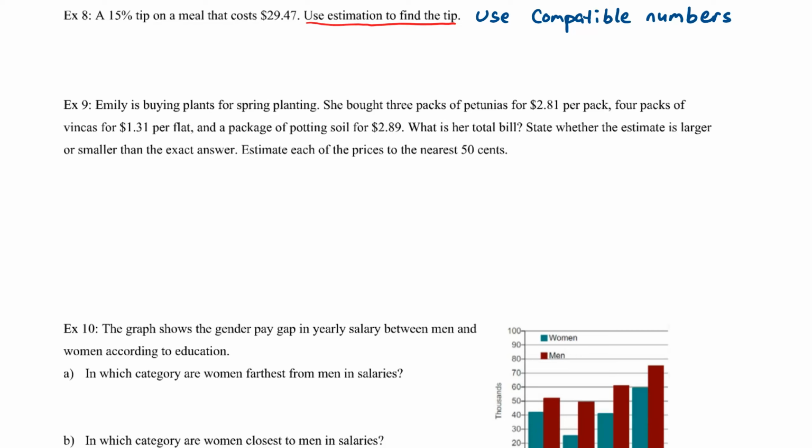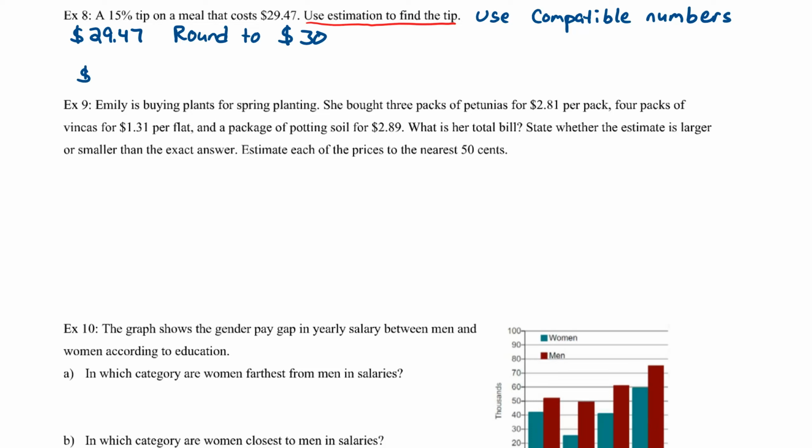So we could take the 29.47 and round that to 30 to make it that nice compatible number. So we'd make that into 30.